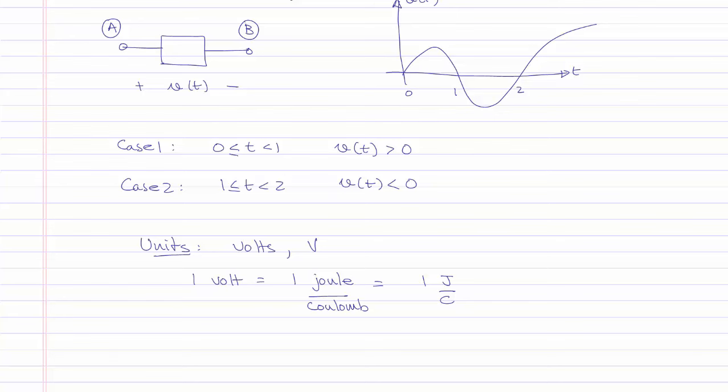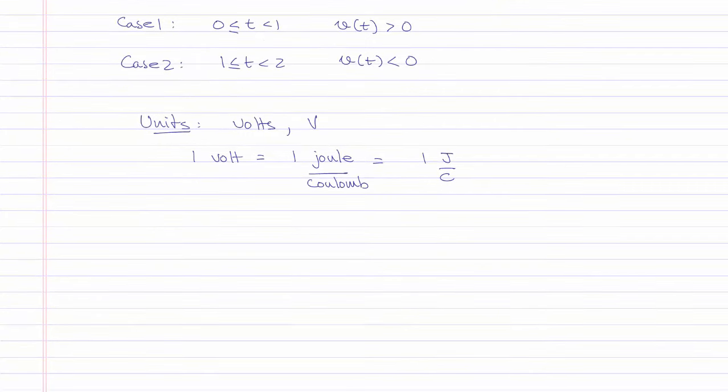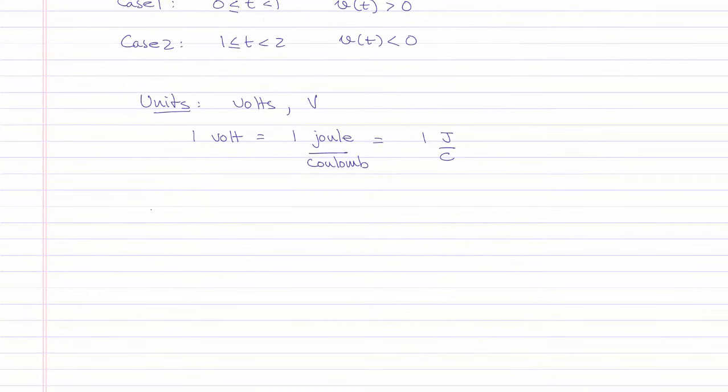Very often we will choose a point in the circuit to be the reference node or the ground node, and we will denote it by a symbol such as a triangle with a few lines, or a triangle pointing downwards, or the following symbol.